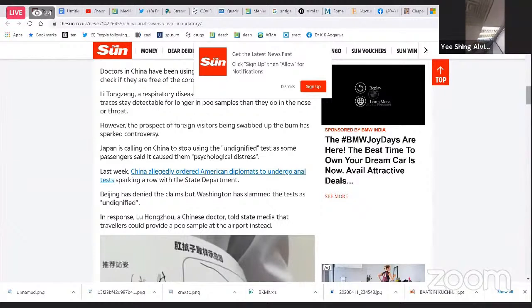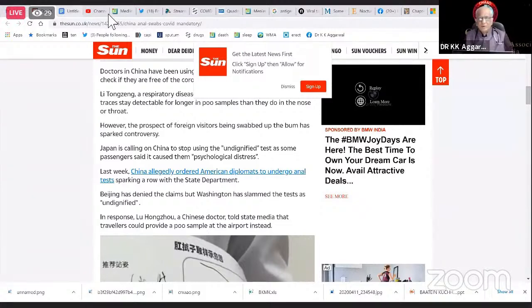Japan is calling on China to stop this. This is undignified. It causes psychological stress. So I, as a medical scientist, say it has no value because after 9 days, the virus is non-replicative.